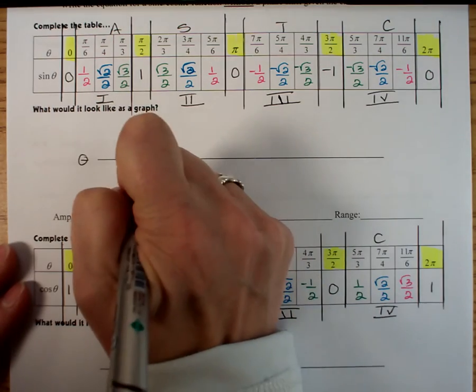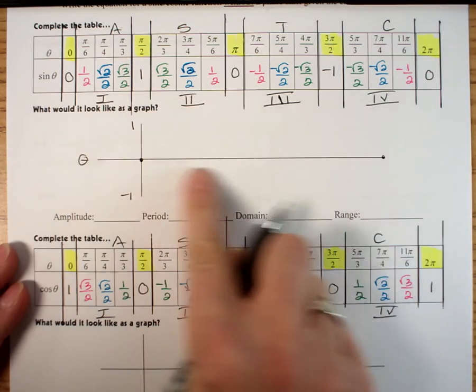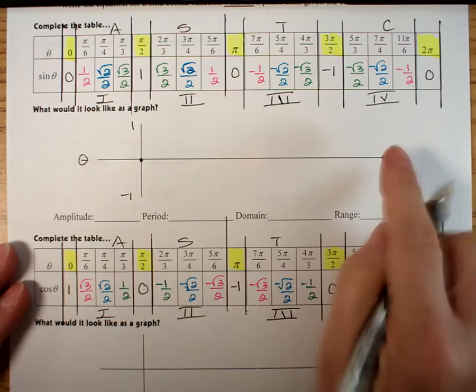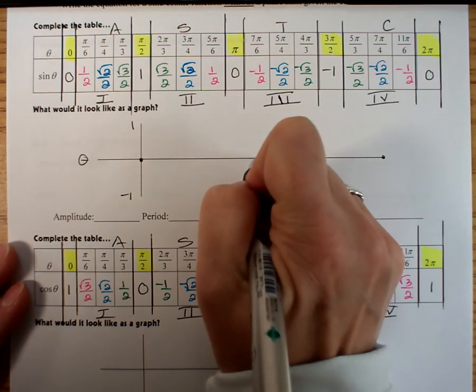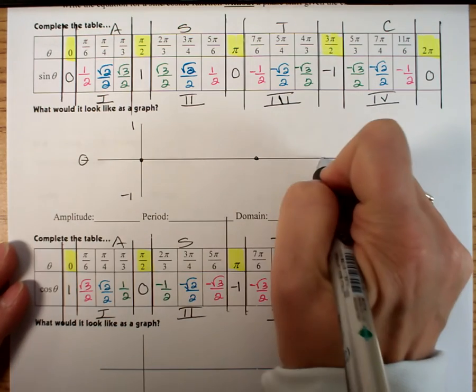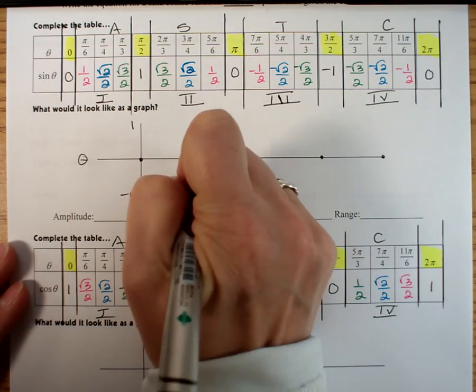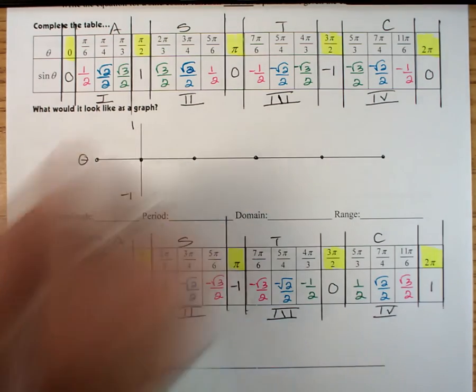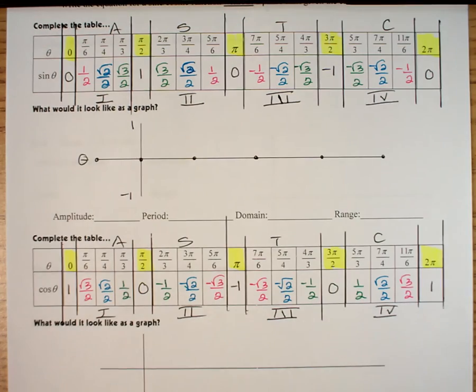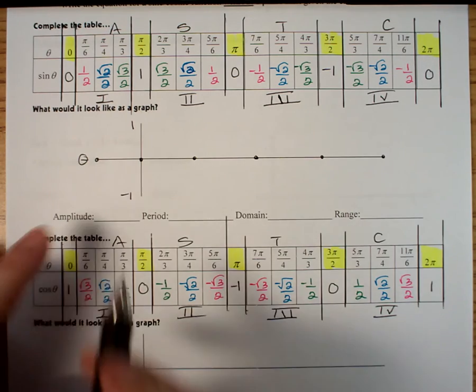Now I'm going to divide this piece right here into 4 equal pieces, so I can put a point at each end, find the midpoint. I'm just going to eyeball it, find the midpoint, and of course put a point right there.